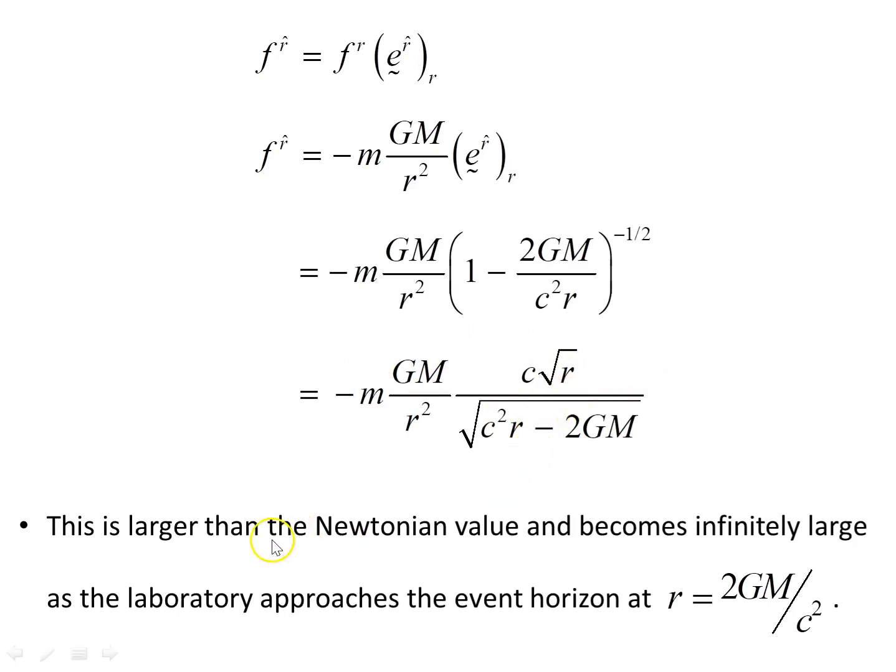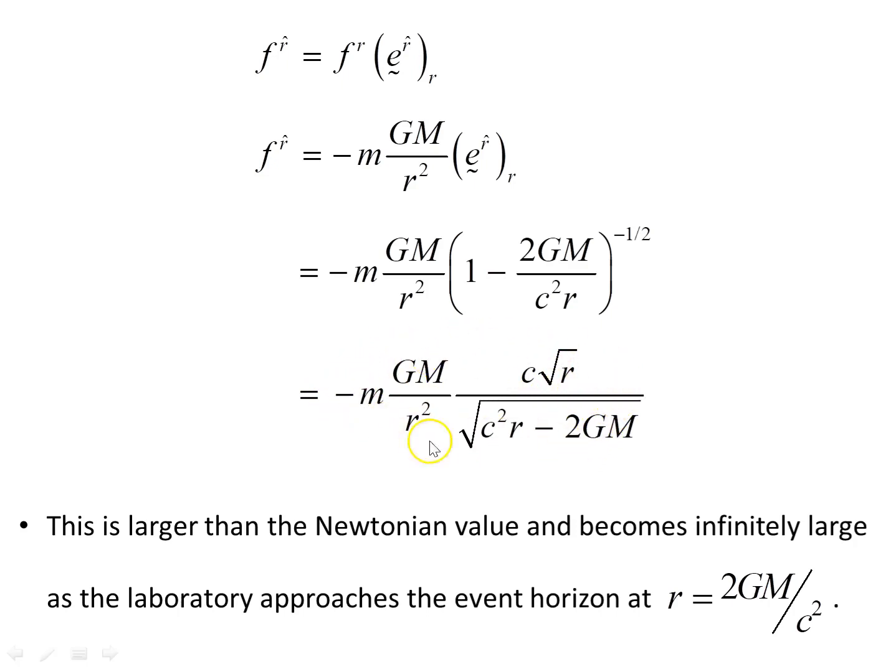Now this is larger than the Newtonian value. This bit here is the Newtonian part, which is what we got from the coordinate basis, Fr, but the actual measured value will be given by this. In other words, if the laboratory has its own rocket motor and needed to provide a thrust force to keep itself at a constant radius, then it would have to be the plus of this.